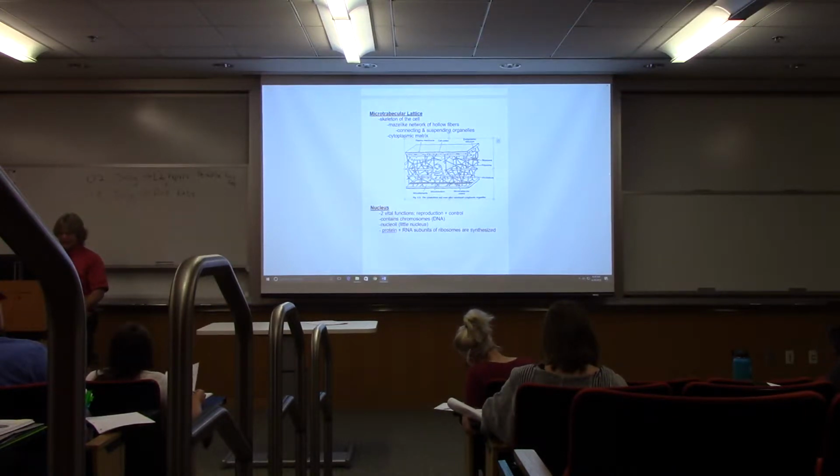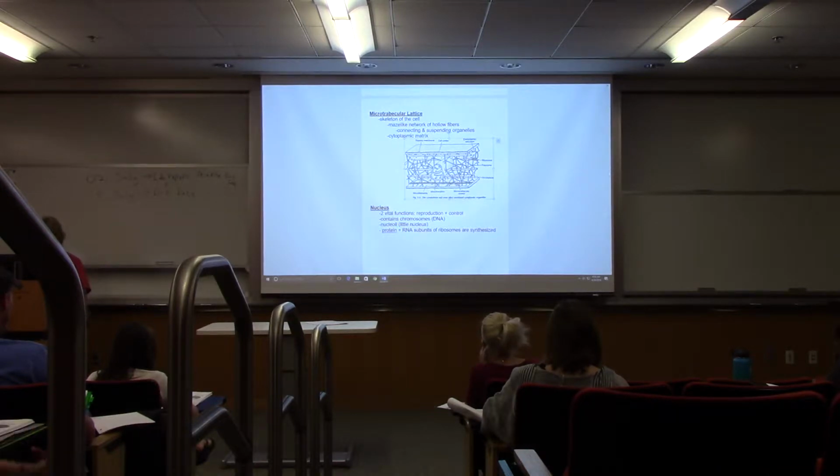And as the name implies, microtubules are little tubes. Microfilaments are little thread-like structures. And this would be a mitochondria, suspended or hanging out within the microtubular lattice.